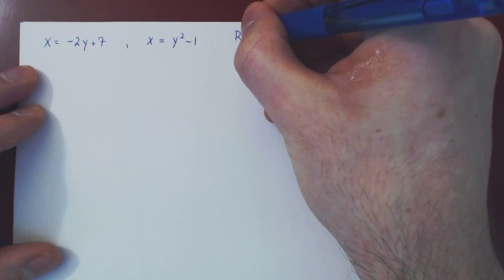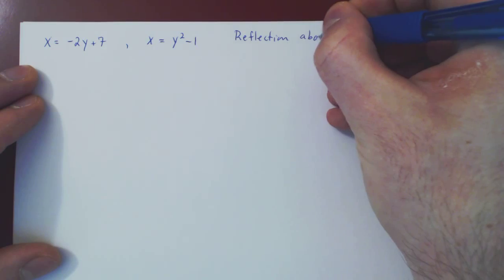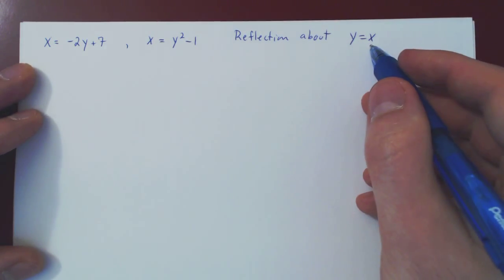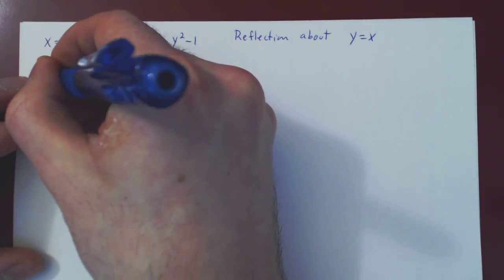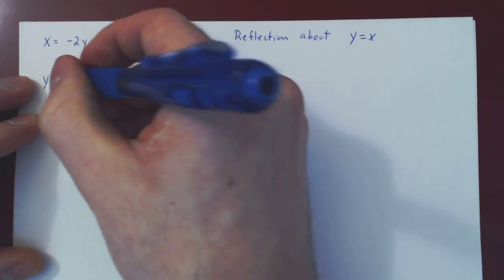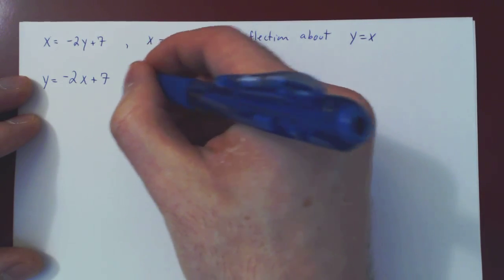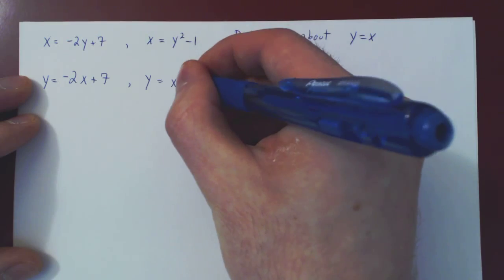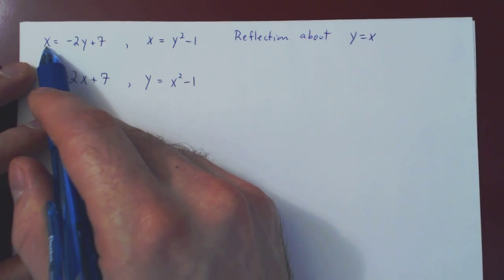Now if we perform a reflection about the line y equals x, y becomes x, x becomes y, so y will equal negative 2x plus 7. And here, x becomes y, y becomes x, so y equals x squared minus 1.